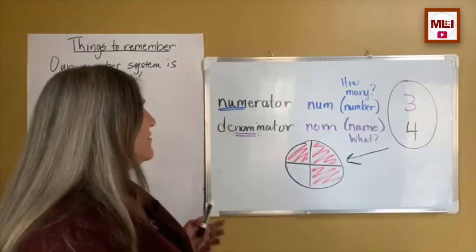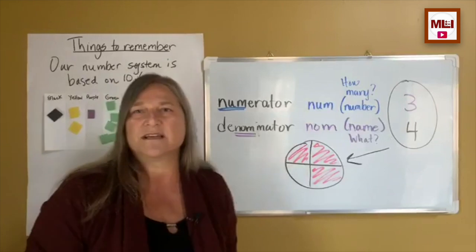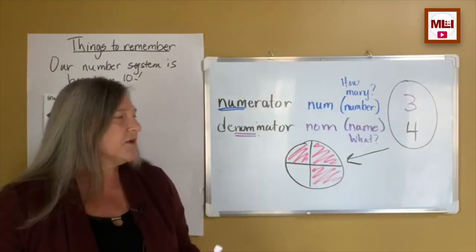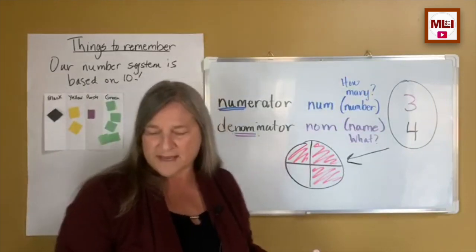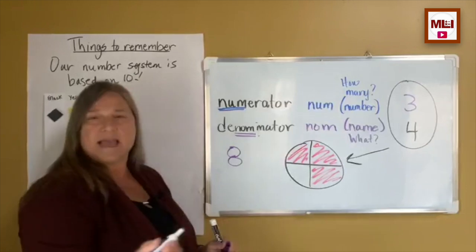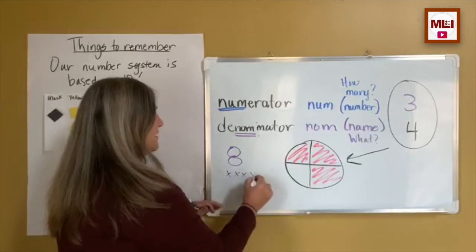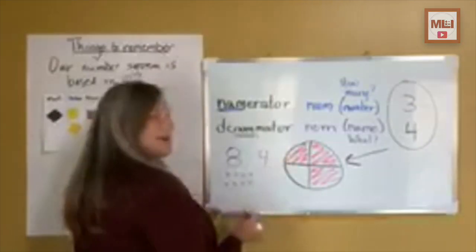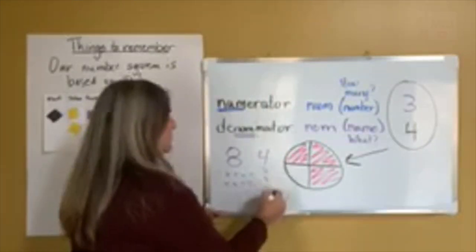Part of the issue with fractions is that it has this new notation that students are unfamiliar with. For years and years, we've said that when you see an 8, it means 8: 1, 2, 3, 4, 5, 6, 7, 8. Or when you see a 4, it means 4: 1, 2, 3, 4.